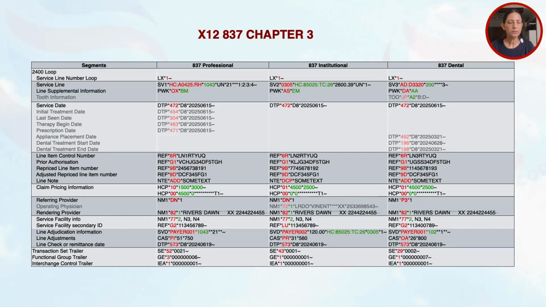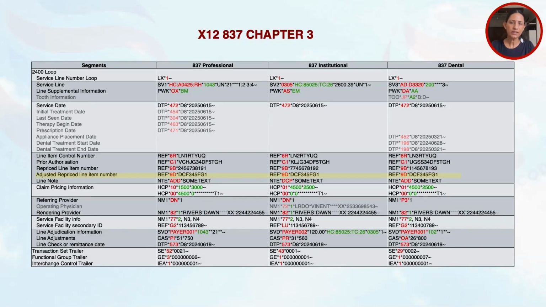Then just like we learnt about the repriced claim number in the last chapter, we also have the repriced line number. It's represented by REF*9B. This REF segment, if required, is shared by the repricing agency to the payer to identify the repriced line. Then the adjusted repriced line number.